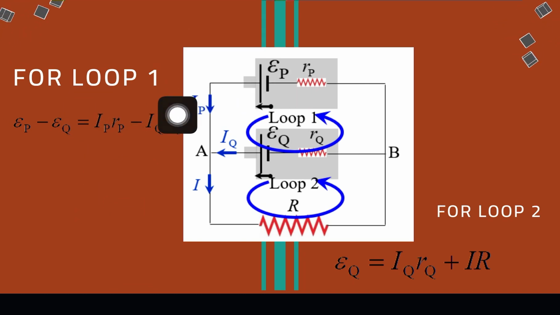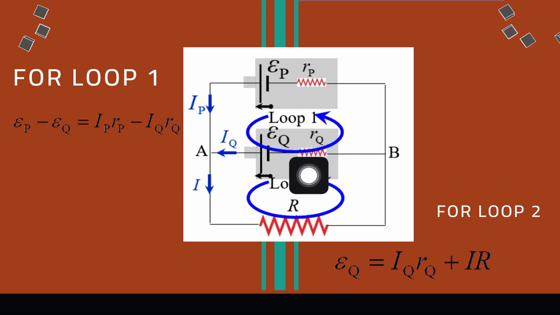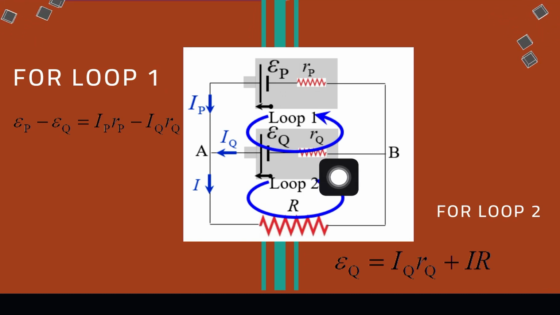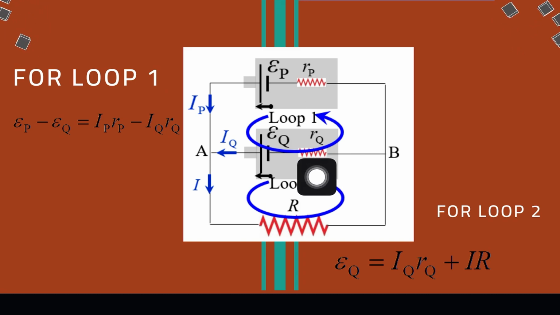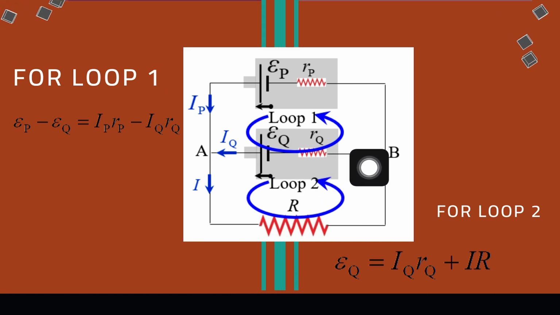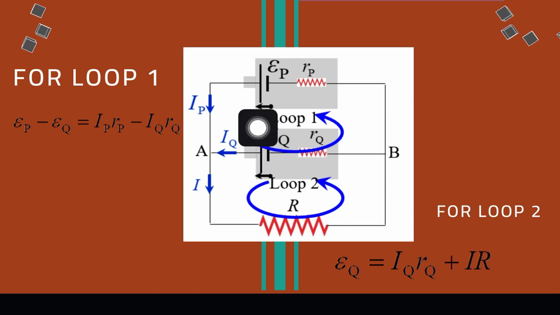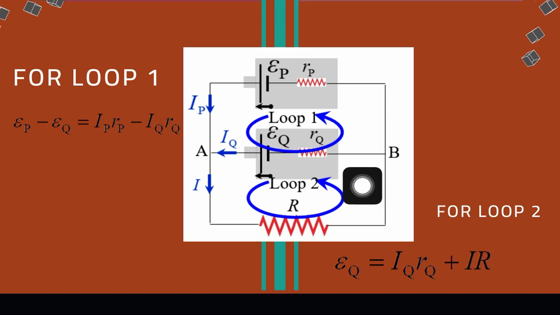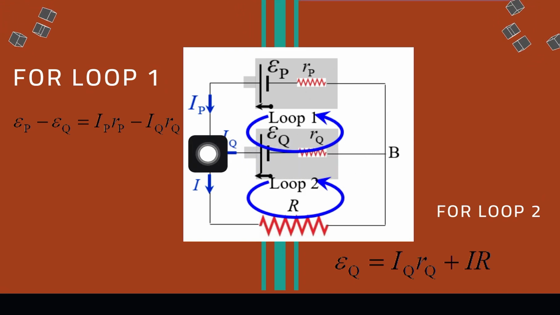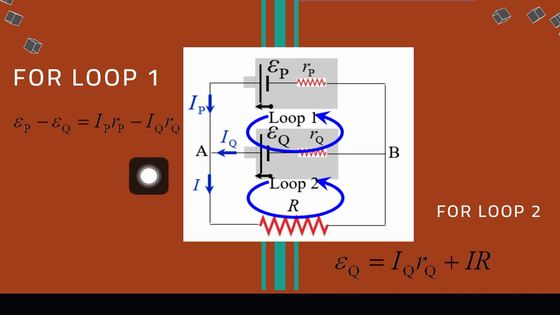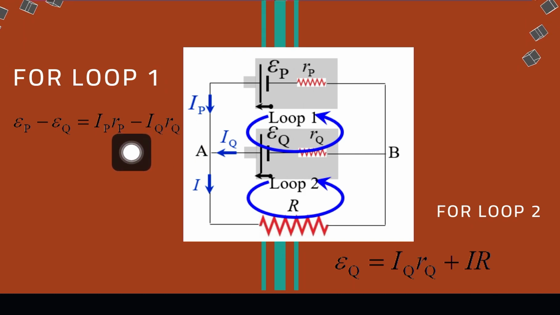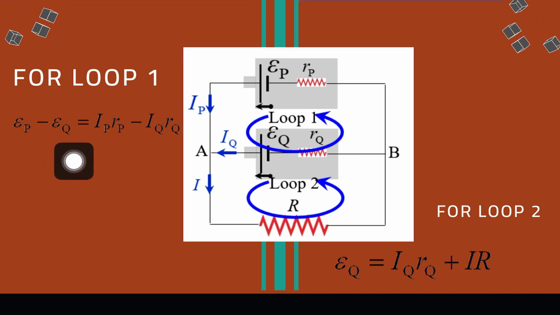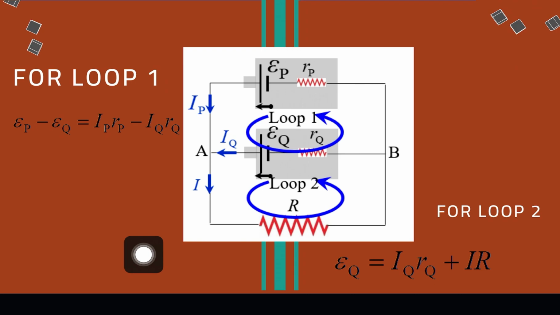Then we add the other resistor, which is RQ. But we need to look at the sign, whether it should be positive or negative. The direction of IQ is to the left and the direction of the loop is to the right. It is the opposite direction of I and loop. That means the sign for IQ RQ is negative. Okay, done for loop 1.